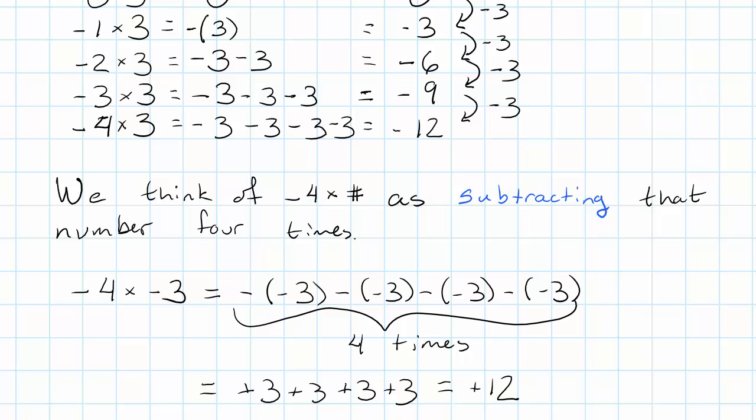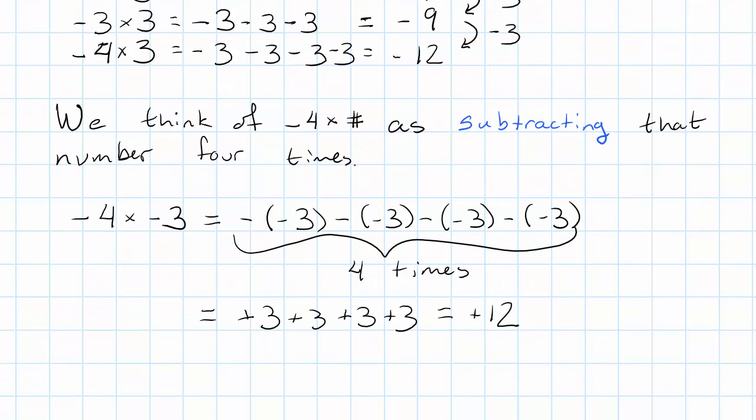That's kind of surprising, right? That's totally different than what happened with addition. Negative 4 times negative 3 is positive 12.